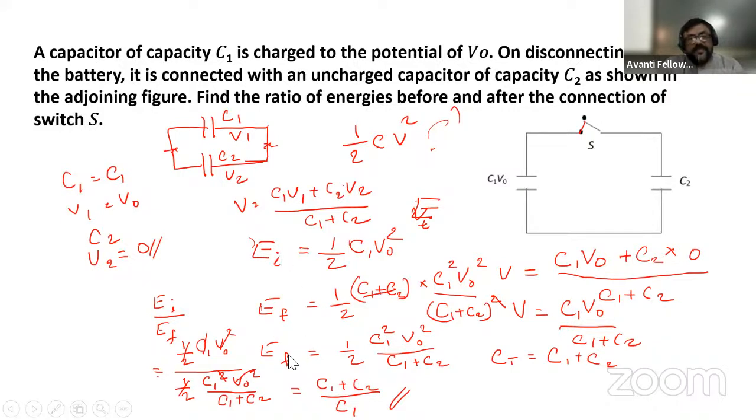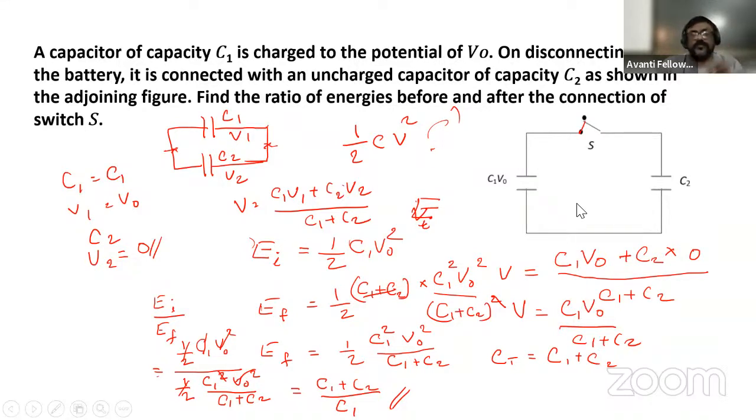So if EI minus EF gives you some value, the initial energy is greater than the final energy, definitely some energy is lost in some other forms. If there is a difference between EI and EF, that much energy will be lost in this process. Instead of finding the ratio of energies, this question can be to find the energy lost during this process.